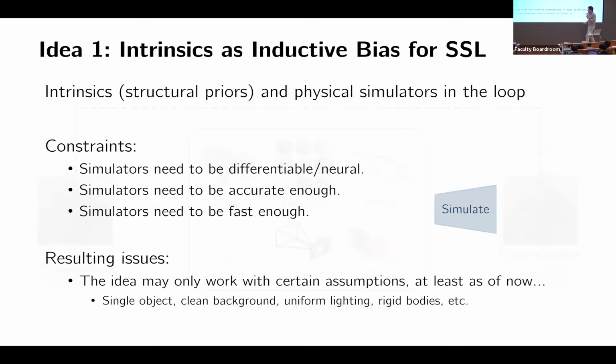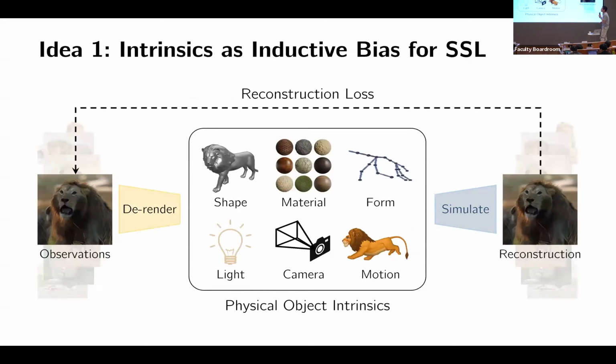But the assumptions often include there's only a single object or a central object in the scene, there's a clean background, there's uniform lighting conditions, or you have to assume some level of rigidity of these objects. Okay, so those are the issues with idea one.